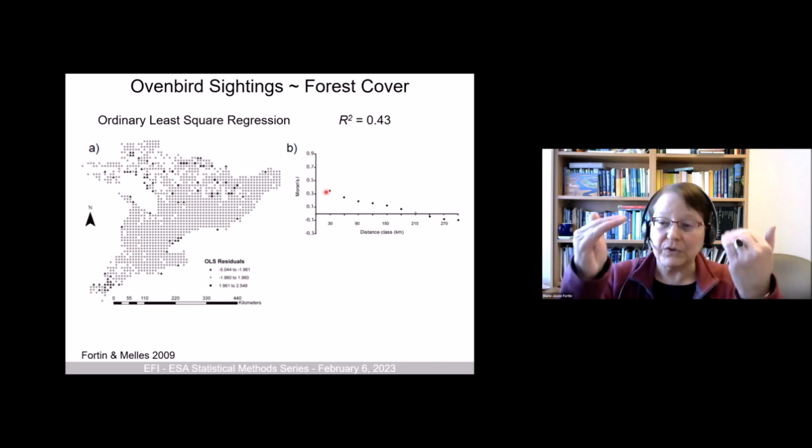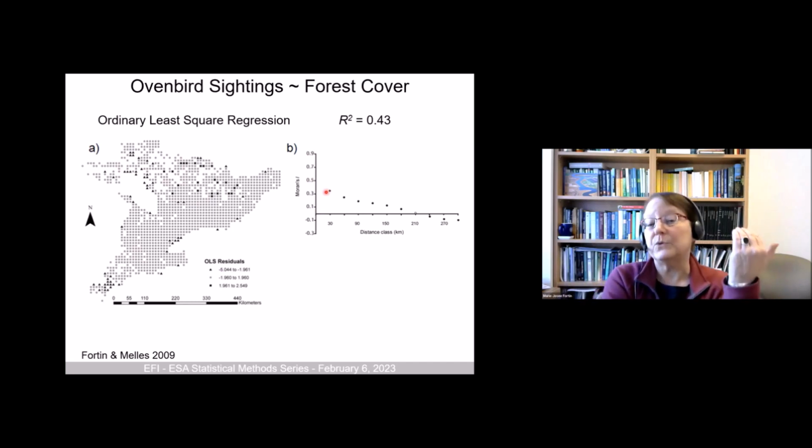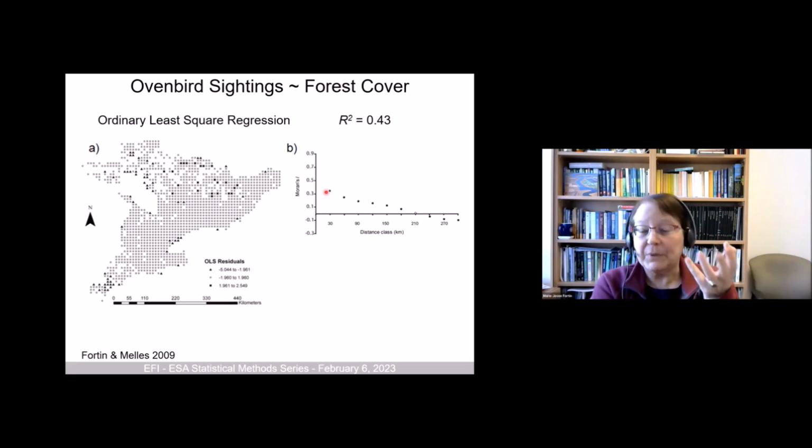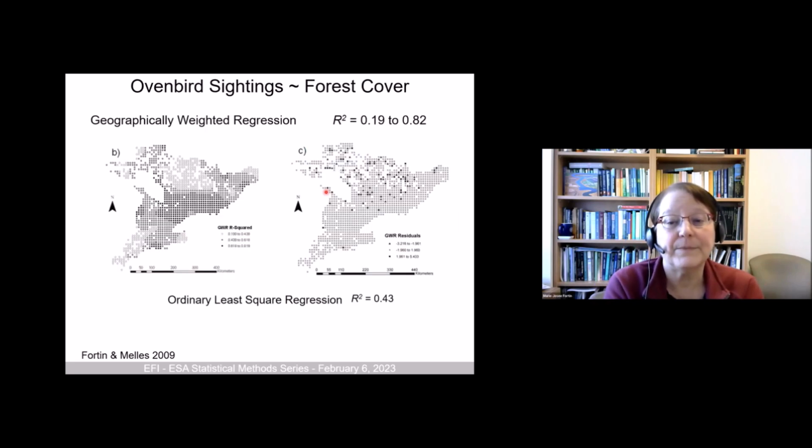But the spatial autocorrelation that was very high to start with has now decreased in the residual to 0.35 in the first distance class, and so on and so forth. So there is still some pattern in the data that the ordinary least squares regression could not fit. So we need to use those other spatial regression models.